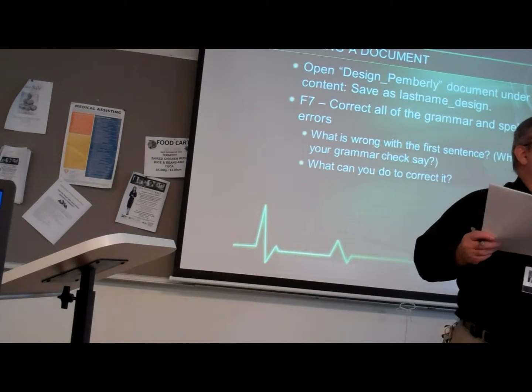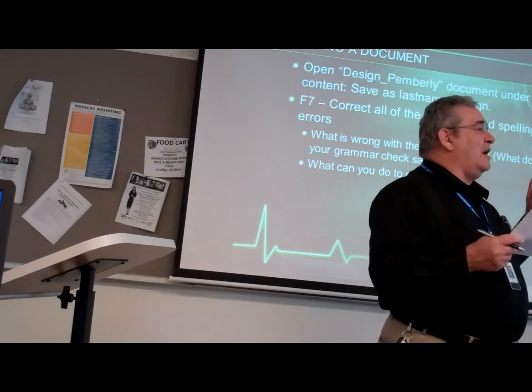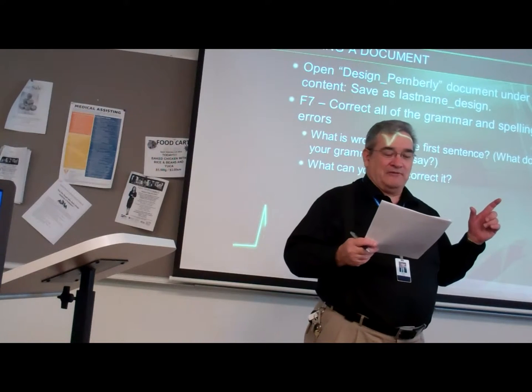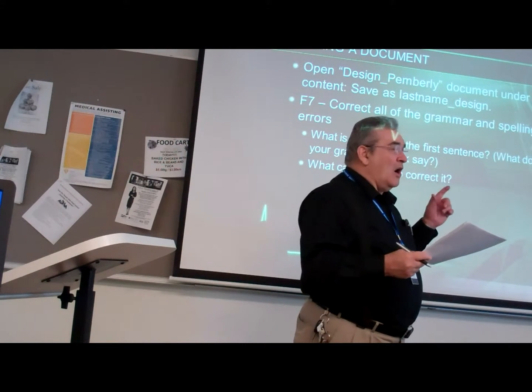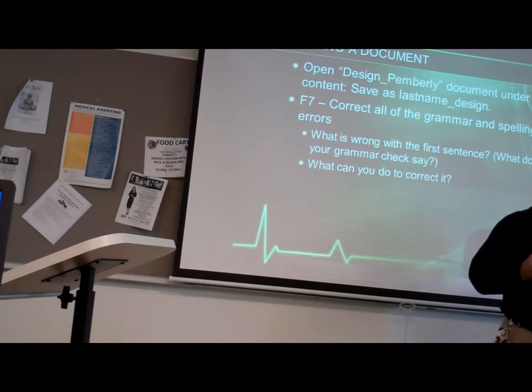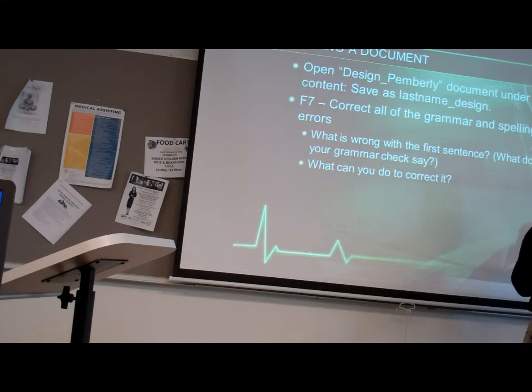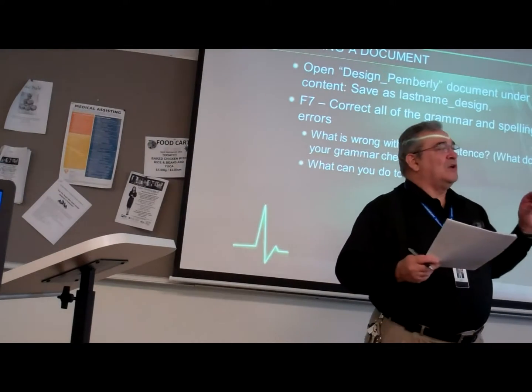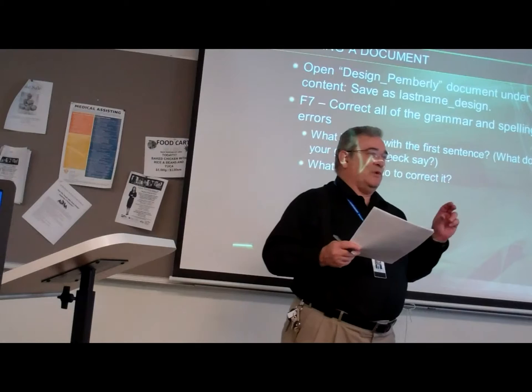F1 is the shortcut key for help. When you hit the Alt key by itself, it shows the key tips up on your ribbon. Control F4 closes the workspace document window.